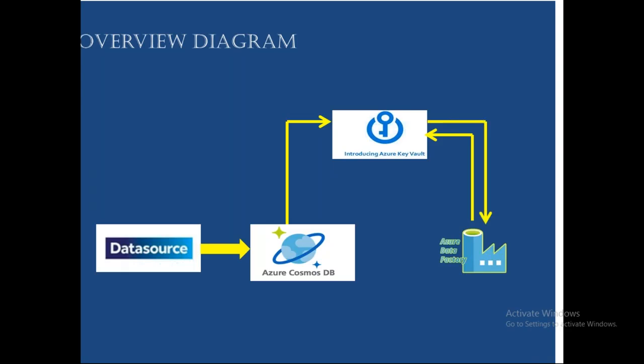With the help of those credentials, I will connect to Cosmos DB. Once connected, I can read and write data with the data factory. From Cosmos DB, I can read into Azure Data Factory. Azure Data Factory will bring data from different sources and load it into Cosmos DB.